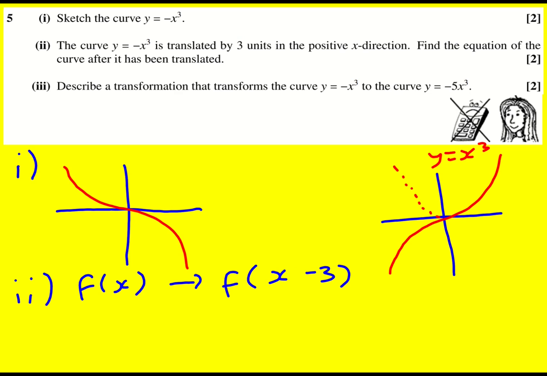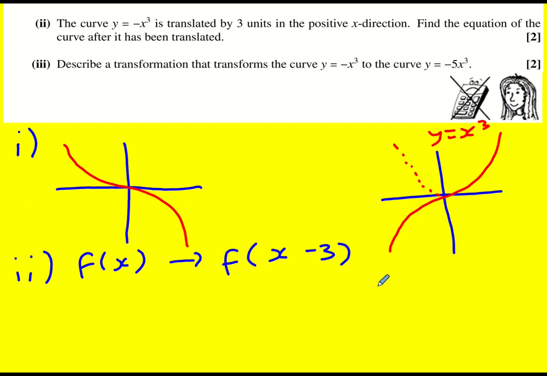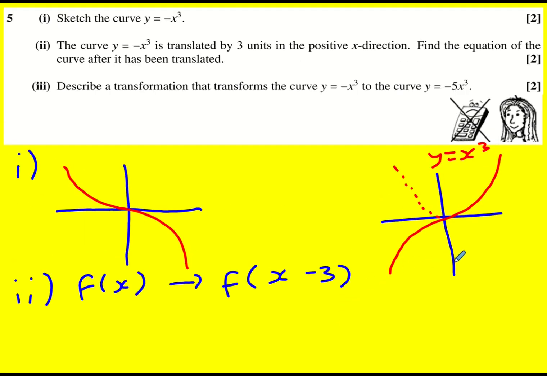Essentially, it's going to the right, so you minus 3 from here as a consequence. I'm not going to go into any more detail on that. It's again a little rule to learn, but to try and understand as well. So in this case, we've got y equals minus x cubed, and then it's going to become y equals minus (x minus 3) cubed.